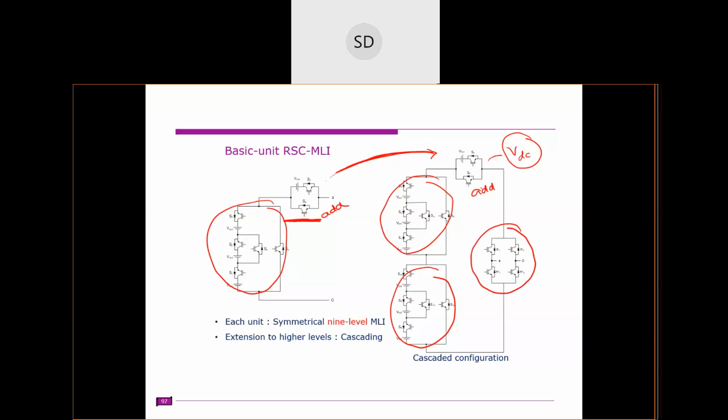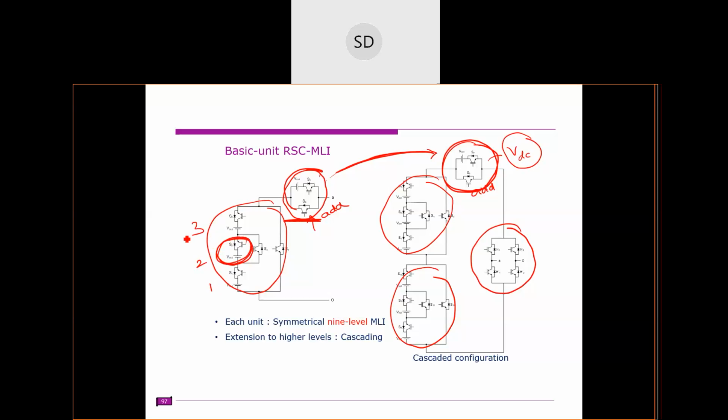Clear? So when you are extending to higher levels, no need to connect one more like this, so only one unit is enough. The purpose of this additional unit is to access this point.